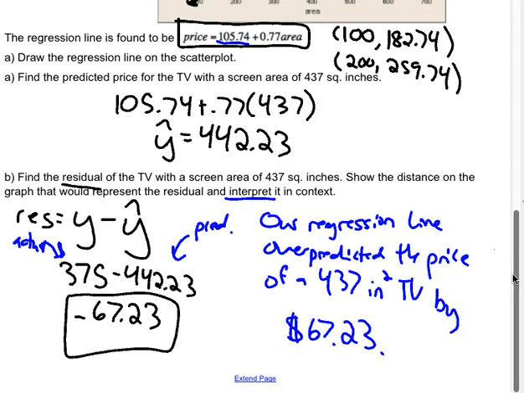Because that residual only is for that specific screen size, you do have to be very specific that our regression line over predicted the price of that particular TV by $67.23. So again, that is what a residual means. It talks about how off your observed Y was from your predicted Y.